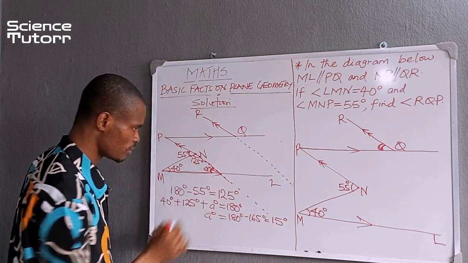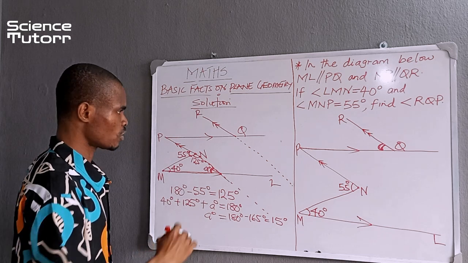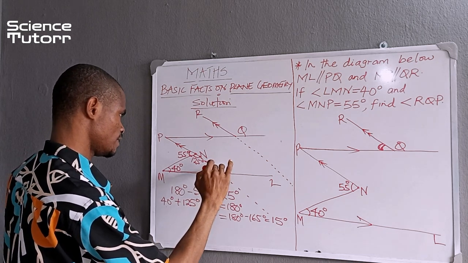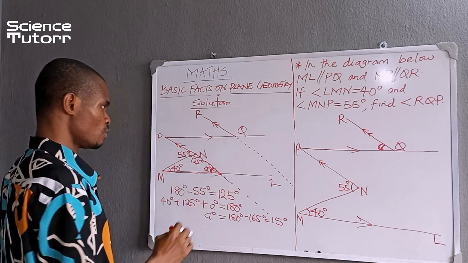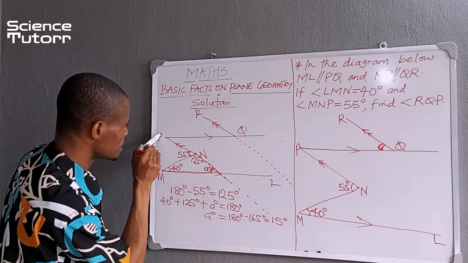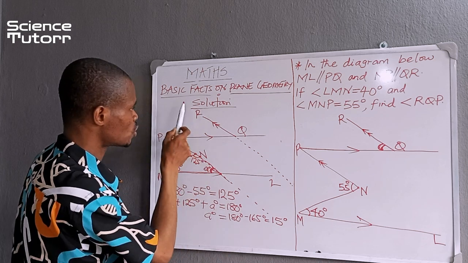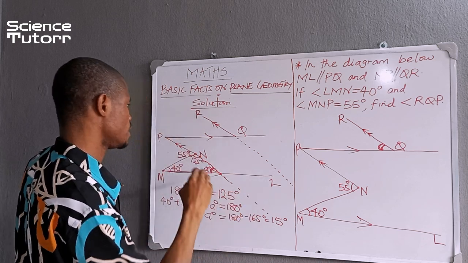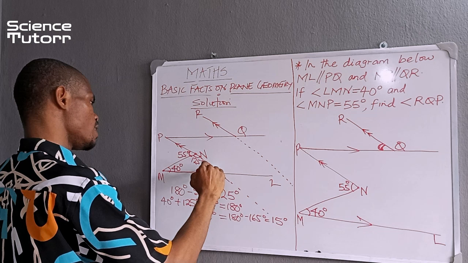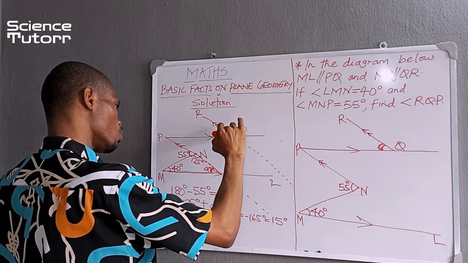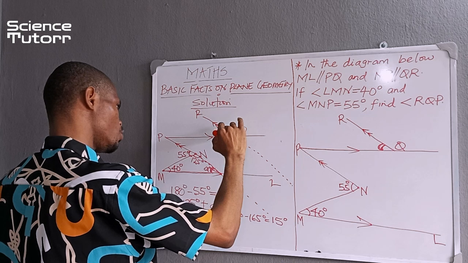So this is 15 degrees. We can also get the angle on this side. Or better still, we can do this way. Since this is a parallel line, P down here is also parallel to this line. It means the angle A will also be equal to the angle situated at PQR.